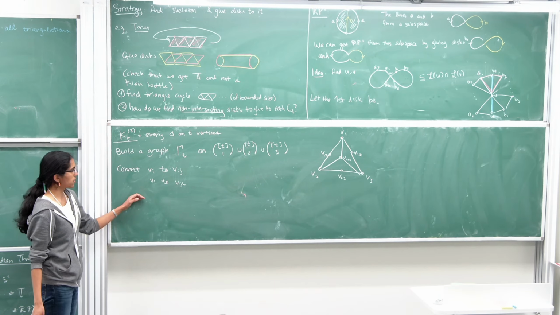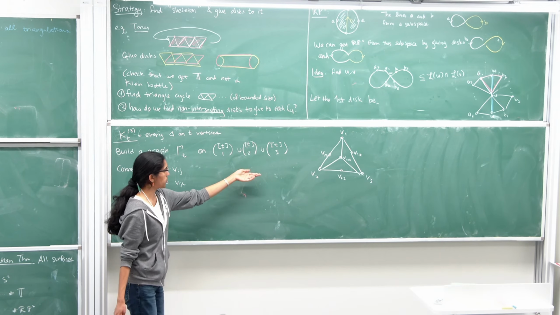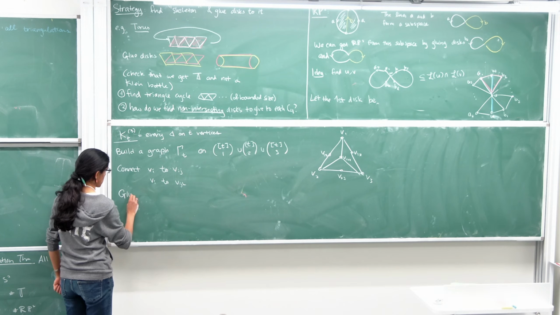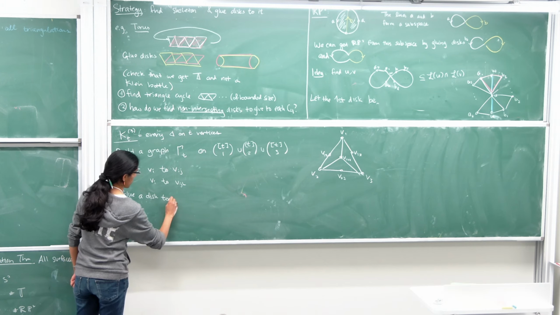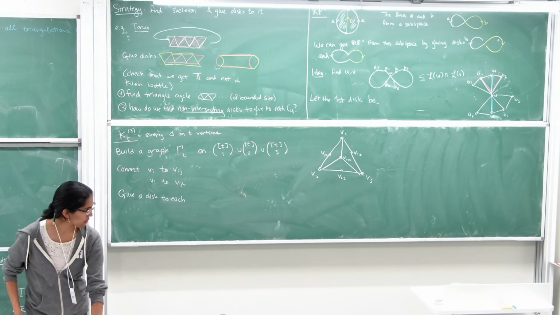the last thing we're going to do is, once we find this skeleton graph that has roughly t choose 3 vertices, we're going to glue a disk to each C4 that looks like this.